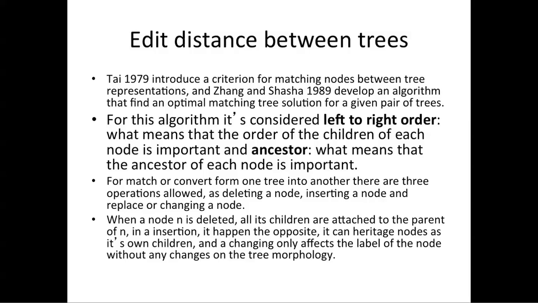So if one node is an ancestor of another, that relation should be kept after the match. And also, one node can only match another node or none, but you cannot match one node to two nodes.